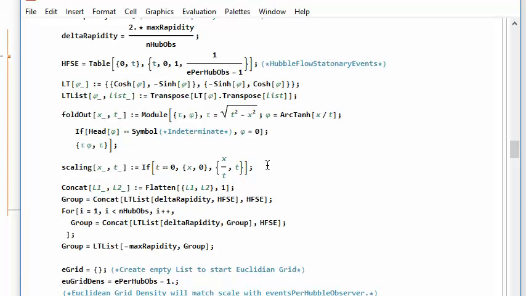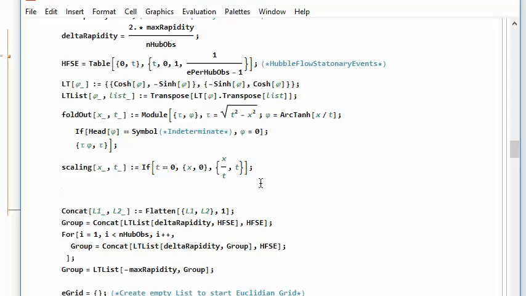So now it's time to start coding in Mathematica, I think. I think I've got it pretty well thought out.